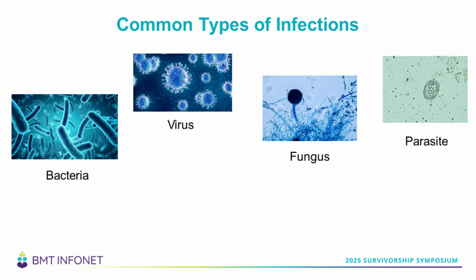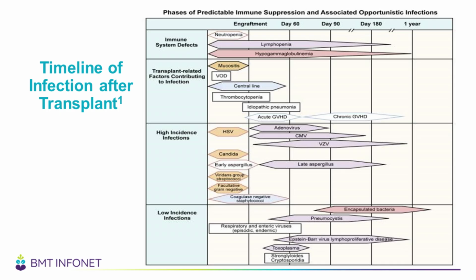So there's generally 4 categories of infections seen after transplant and CAR T therapy. And these include infections caused by bacteria, viruses, fungus, and parasites.